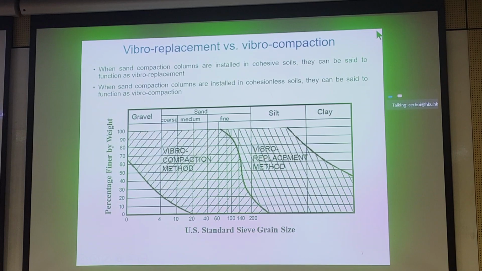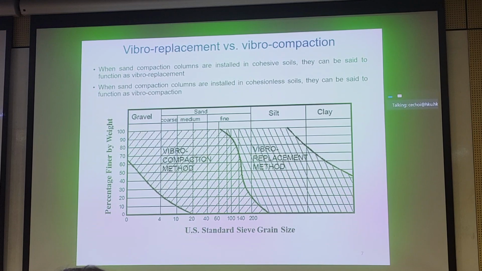Again, we want to draw a cross comparison between vibro replacement and vibro compaction. At the bottom of the slide, we have the particular range of soil where both types of methods would work well. For vibro compaction, you can see you're mostly in the coarse grained or cohesionless material area, whereas vibro replacement, where you're flushing material, you want to deal with cohesive or fine grained soils.